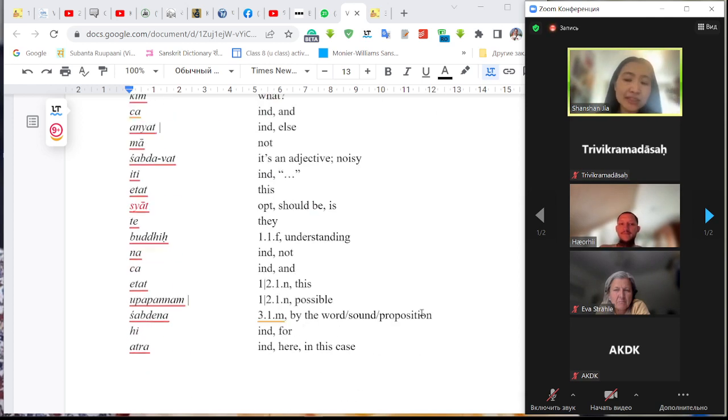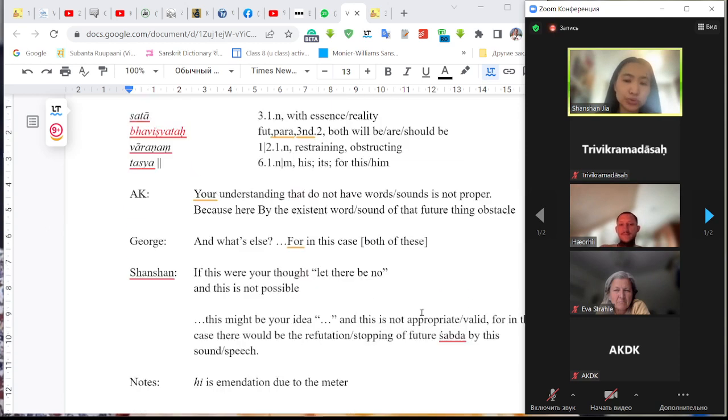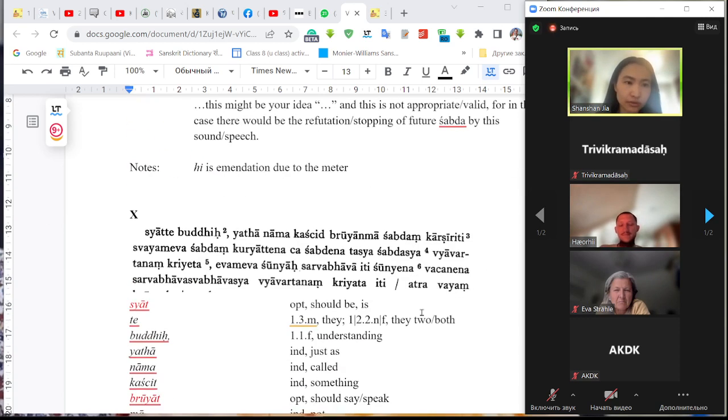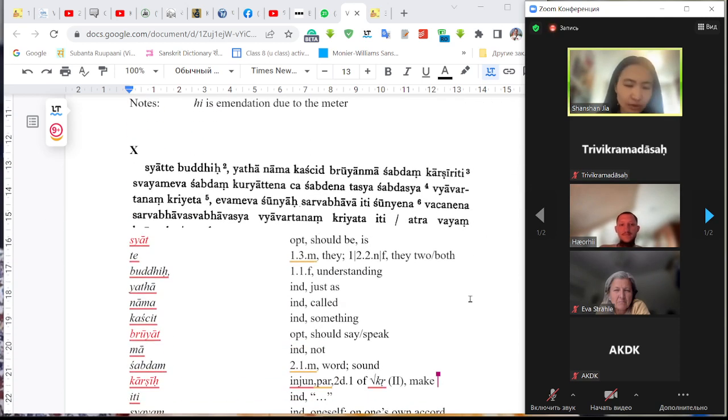Somebody might say, you please do not make sound, or do not make noise, something like that. And that is shortened as "ma shabd." So this ma is that ma in "ma shabdam karshihi," but this shabda is not that shabda.